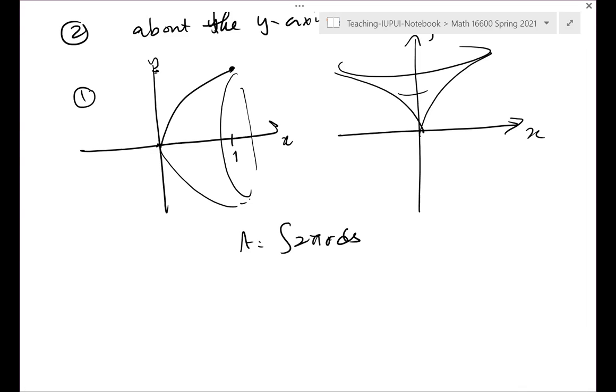So use this universal formula. Please write down two integrals for each. Give you a minute to think.